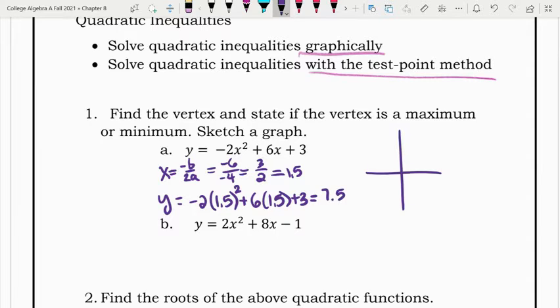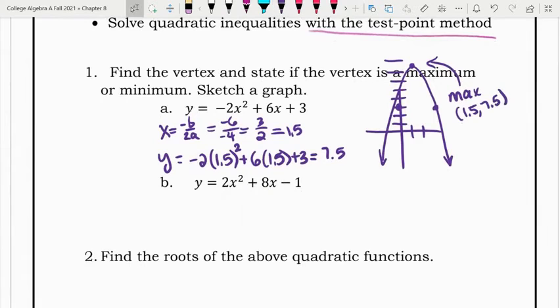So my vertex is at 1.5, 7.5. Right here, my y-intercept is 3. Kind of sketch this graph this way then. So the vertex is a maximum at 1.5 comma 7.5.